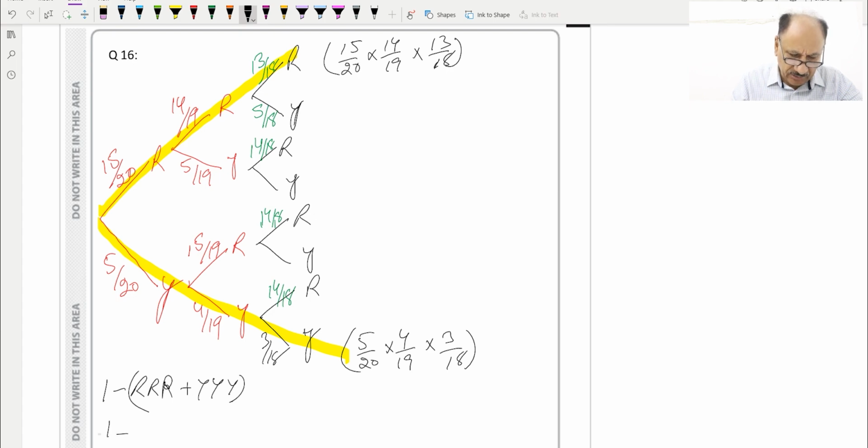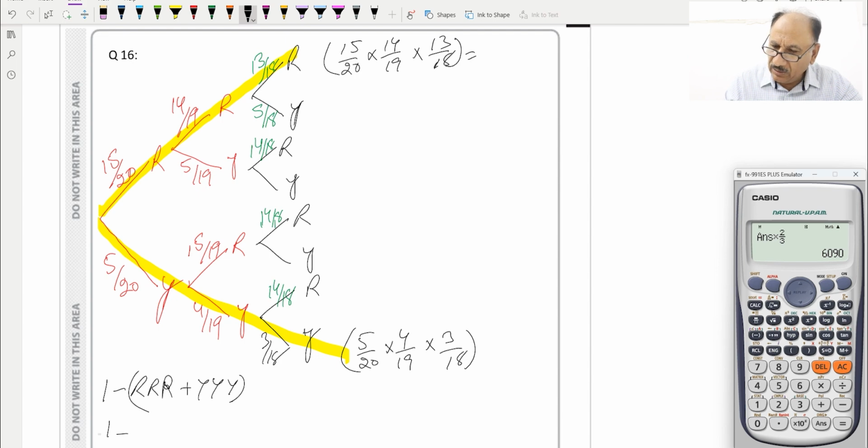So 1 minus red, this one we can calculate separately. We can write it as a fraction: 15 multiplied by 14, multiplied by 13, over 20 into 19 into 18, and this gives us 91 over 228.